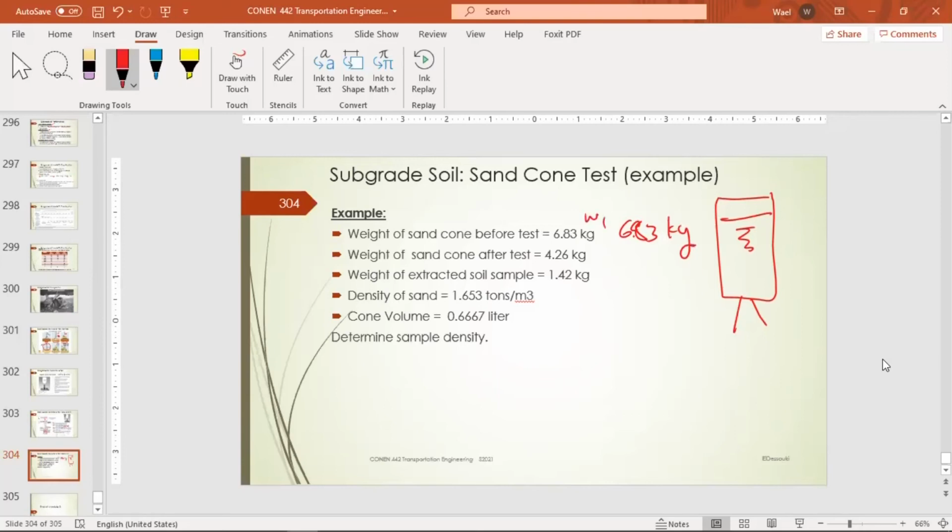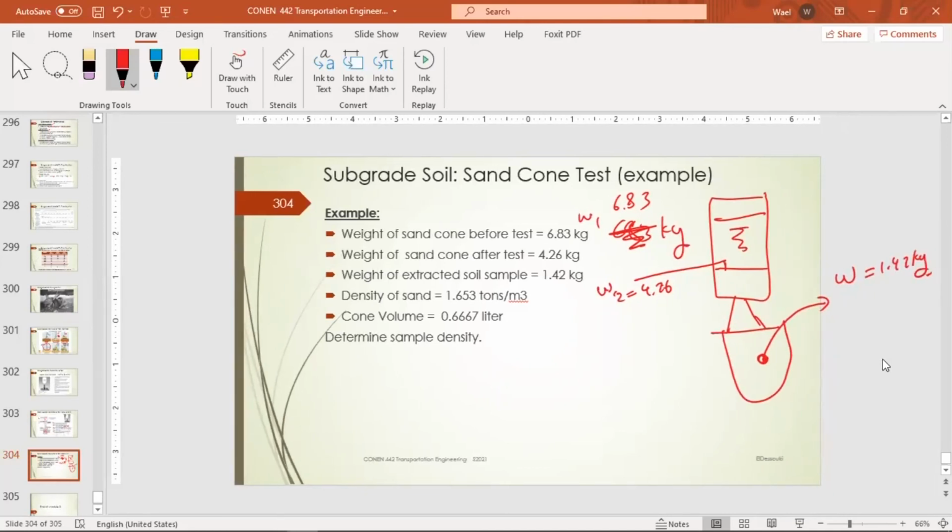The weight of the sand cone after the test, once we filled the cone and the hole, we have this weight, W2, equal to 4.26. And the weight of the extracted soil sample, the weight we get from the sample, W equals 1.42 kilograms.